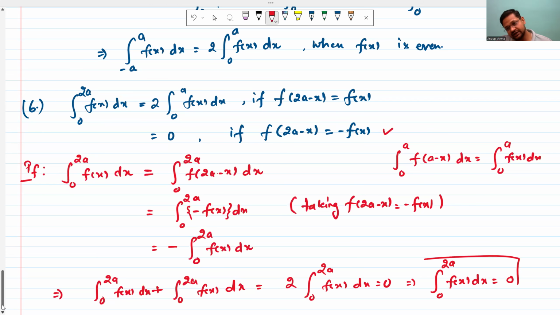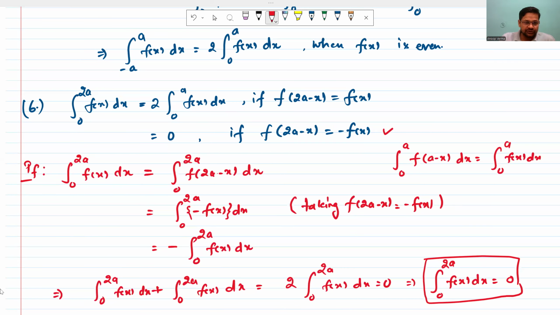So if f(x) is a periodic function and 2a is the period, and f of 2a minus x is negative times f(x), then it gives a 0 value.